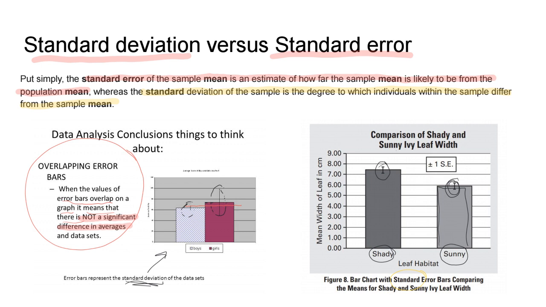That means that this mean is not significantly different from this mean. So we would not be able to say that the boy population is different from the girl population because they're overlapping. Even though we have a difference in our means and averages, it's not different enough to say that there is a difference between the two.